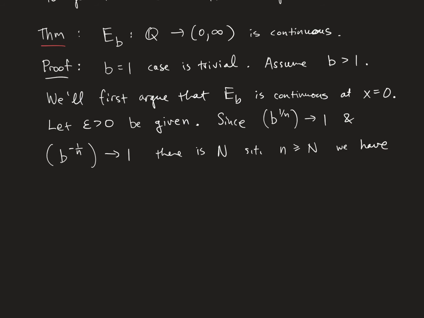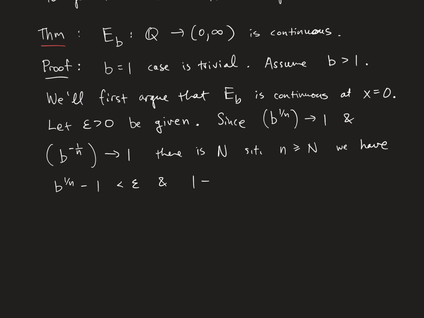we have b to the 1 over n. Our b is bigger than 1 here, so any power of it is bigger than 1. So b to the 1 over n is always bigger than 1. So we just have this difference is less than epsilon, and the b to the minus 1 over n, that's 1 over b to the 1 over n, so that's going to be less than 1.